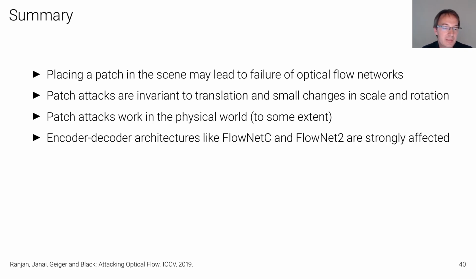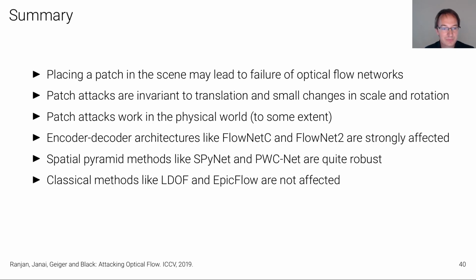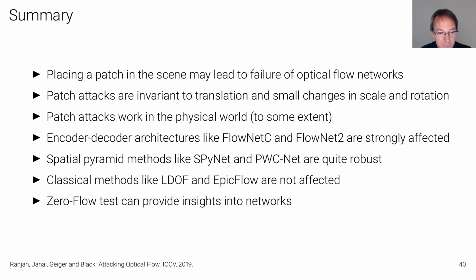One important insight from our analysis is that encoder-decoder architectures like FlowNet-C and FlowNet2 are strongly affected, while spatial pyramid networks like SpyNet and PWCNet are actually quite robust. And classical methods like LDOF and EpicFlow are almost not affected. I've also proposed a zero flow test, which can provide valuable insights into optical flow network architectures.